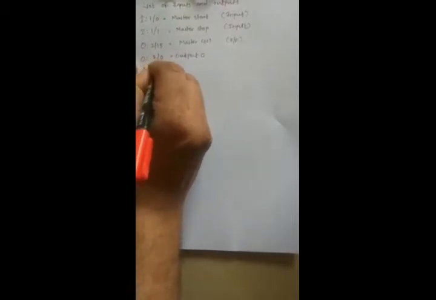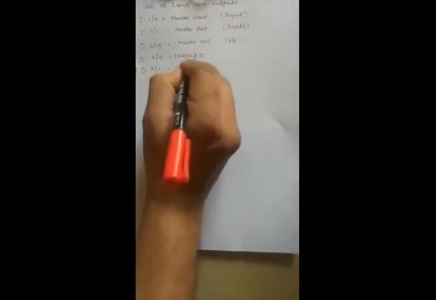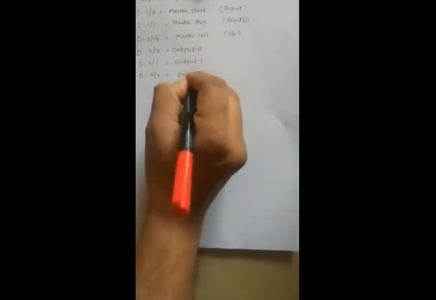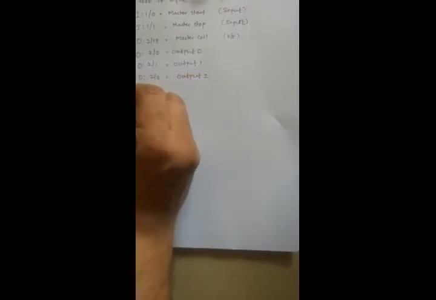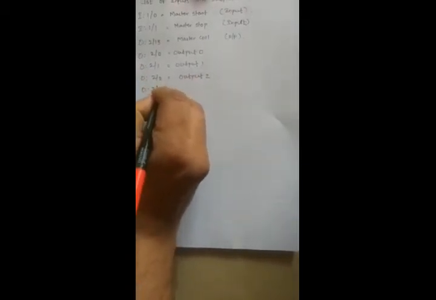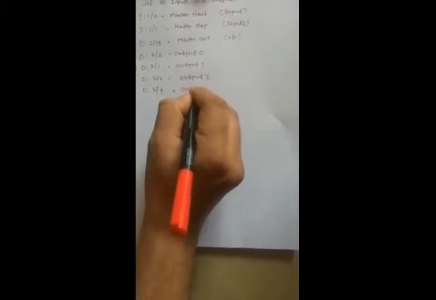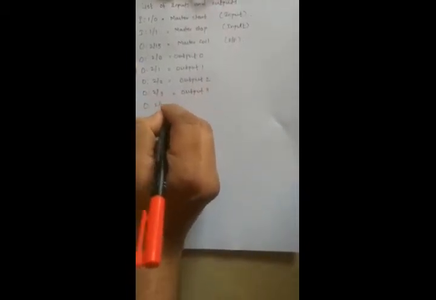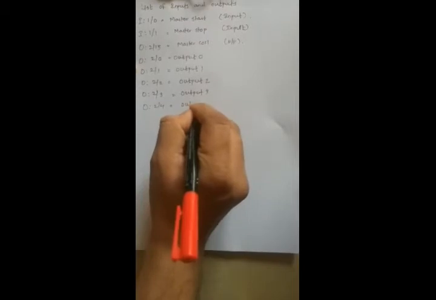Another output O:2/1 is used for output 1. Then O:2/2 is used for output 2. Then O:2/3 is used for output 3. Then O:2/4 for output 4.